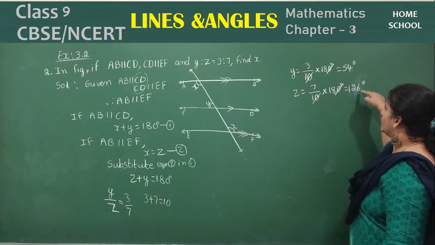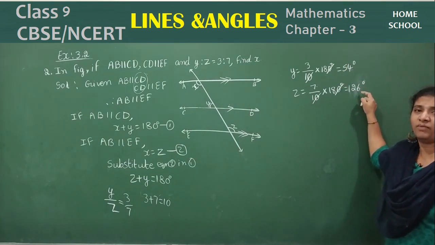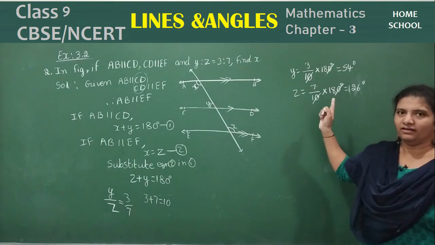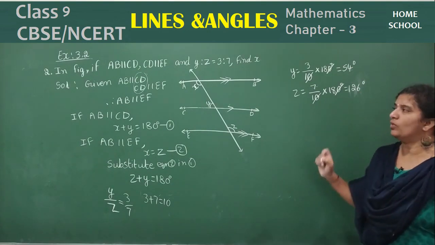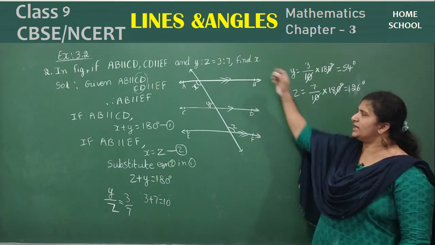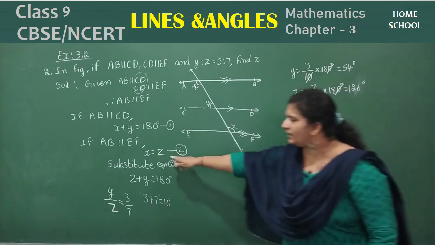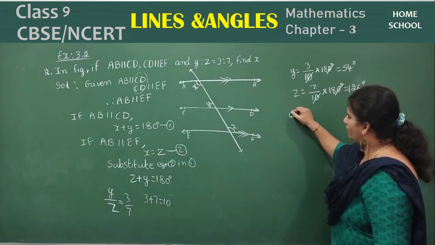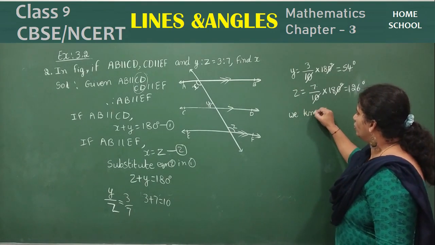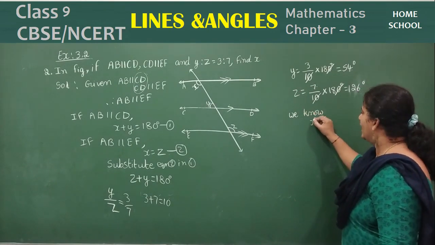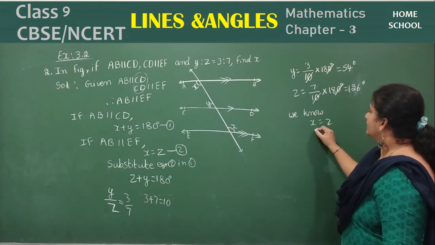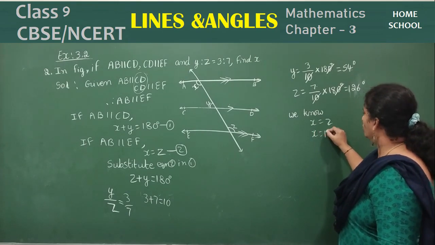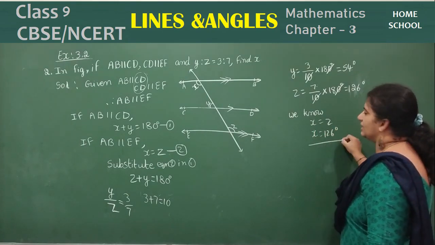Add these two, 126 plus 54, it will be 180 degrees. Then it is correct. Now what is the question they asked? What is x? We know by equation 2 that x is equal to z.